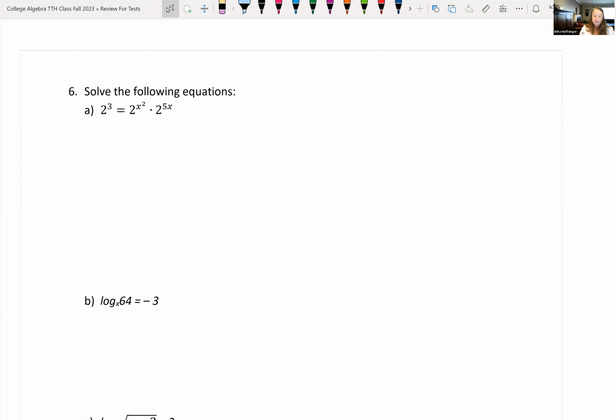If we can manipulate the bases of our exponentials to be the same, so we have, let's just call it a function, let's say b raised to some function g of x, we manipulate it to be that equals b raised to some function f of x, then we can state that our exponents are equal to each other. g of x equals f of x.